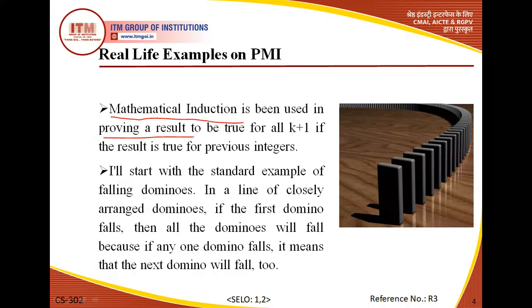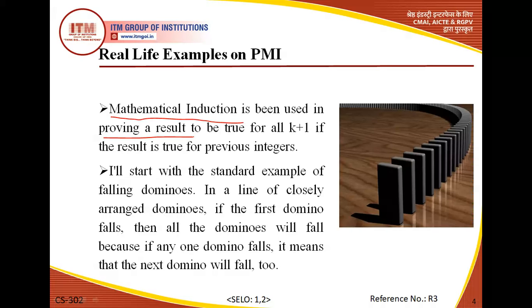So if we have a result that is true for n equals 1, and also true for some other k, then it can be proved true for k plus 1, k plus 2, k plus 3, and so on.